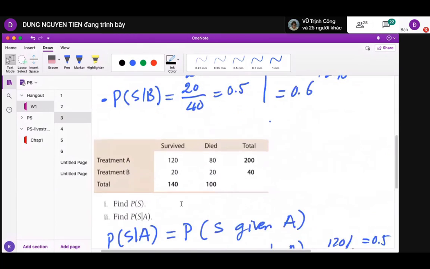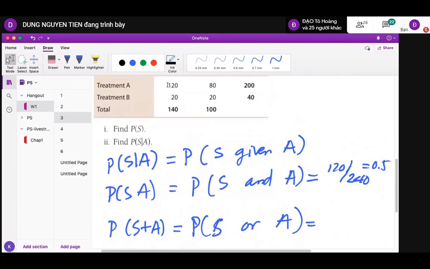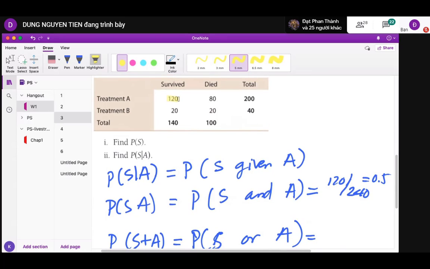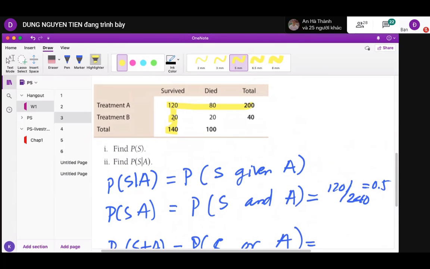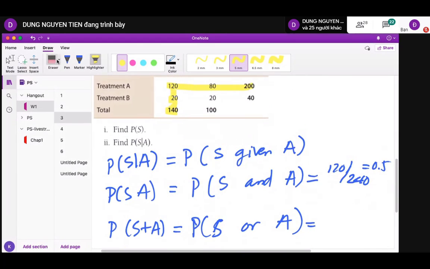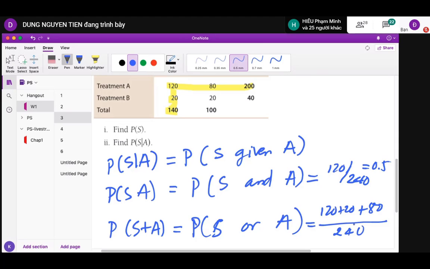In order to do that, you have to use A, and you have to use S as well. Correct? You have three numbers to get: 20, 120, 80. Therefore, the probability should be 120 plus 20 plus 80, all divided by 240. Okay? Is there any question? Good.